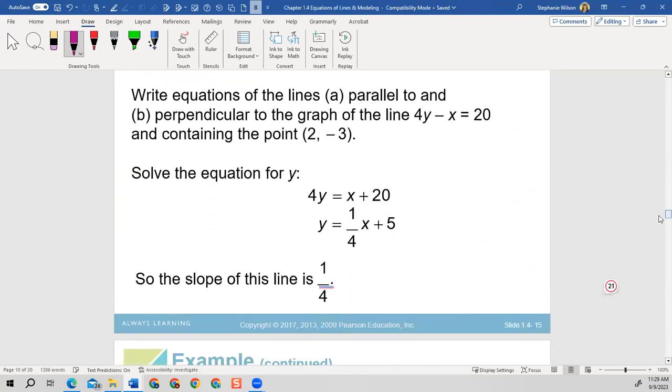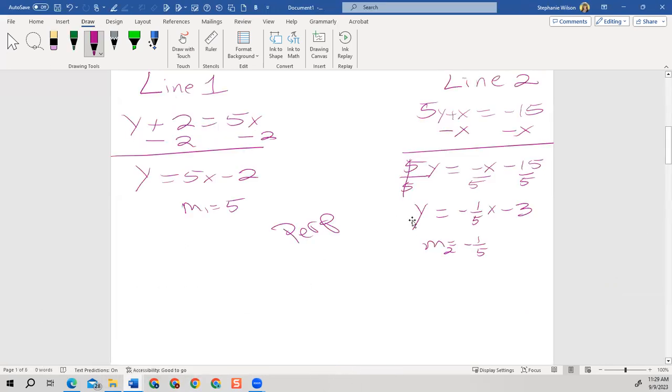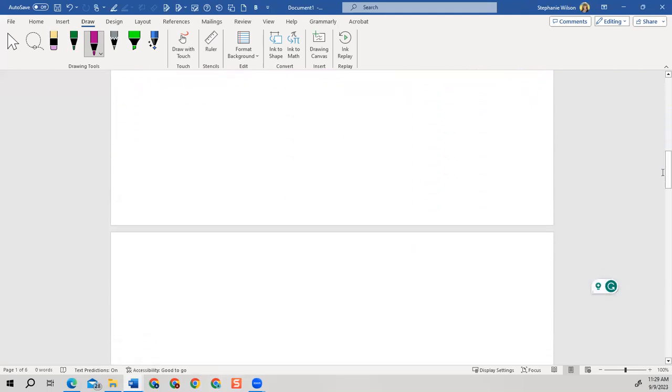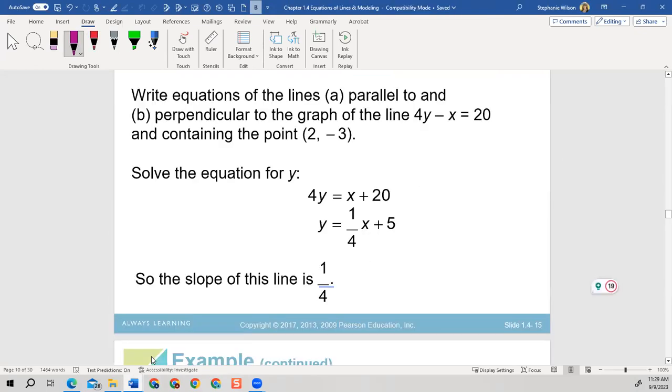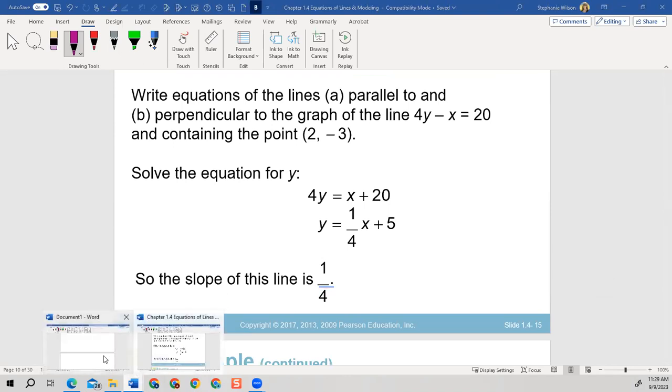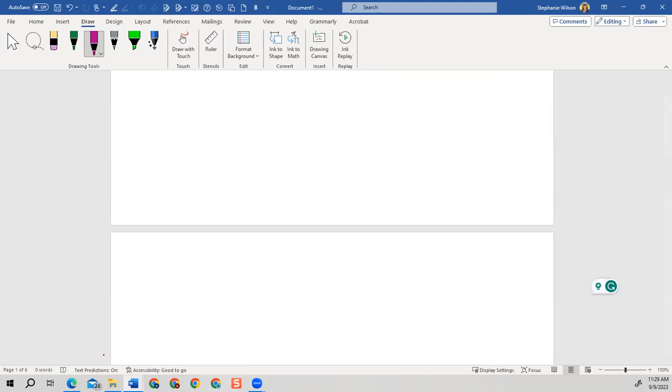So this one says write the equation of the line that is parallel and perpendicular. So what I want to do is write this down on my paper. Let's just do this one here. We're going to start here. It says that we have line 1, which is 4y minus x is equal to, let's see, what was it equal to?